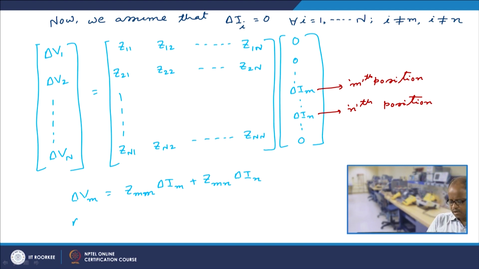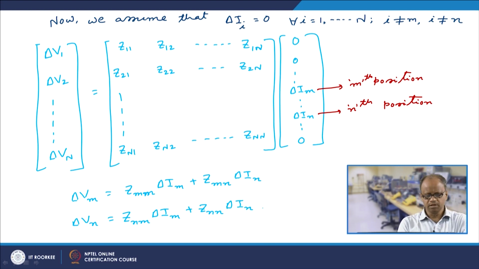And similarly, delta Vn is equal to Znm into delta Im plus Znn into delta In. So, these are the perturbations of the voltage due to the perturbation in the injected currents at bus m and n.